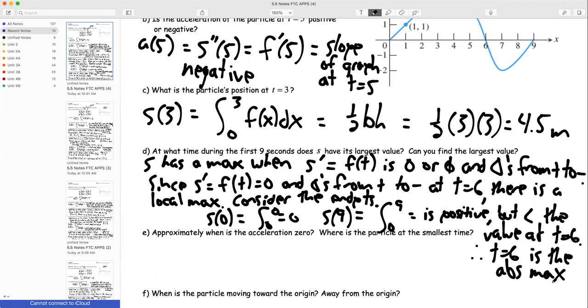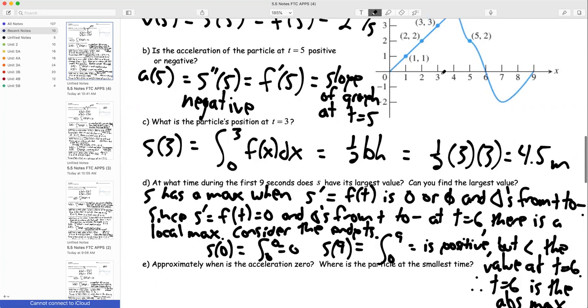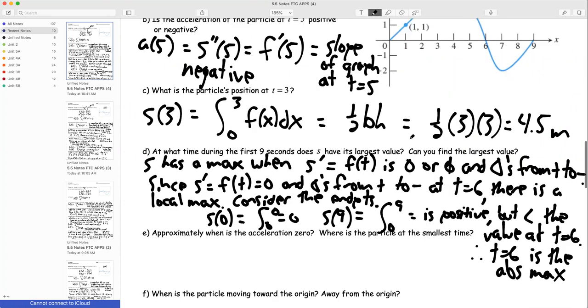You cannot find it. Yes, you can. No, you cannot. There's curves to the line. Well, we found s of 3, right? How do we find s of 3? It was the area under the curve, but since this right here is abnormal, it's not an easy geometric shape, we cannot find the absolute maximum value, the largest value at 6.